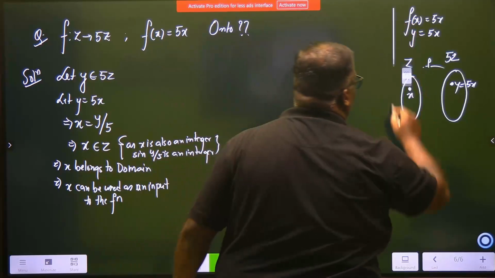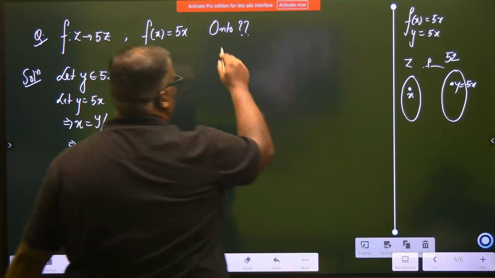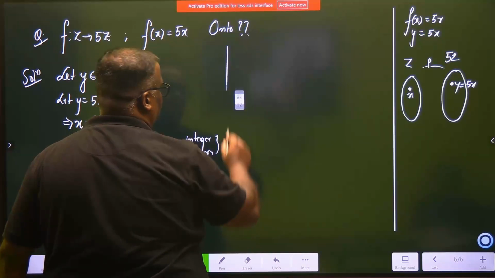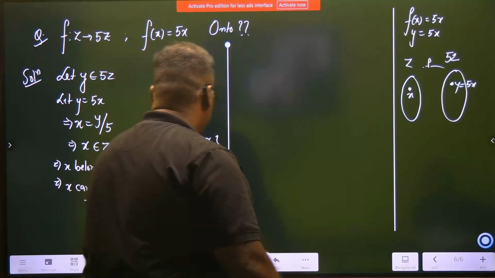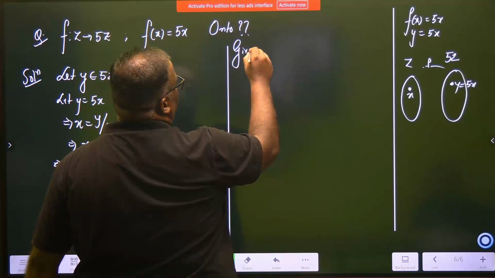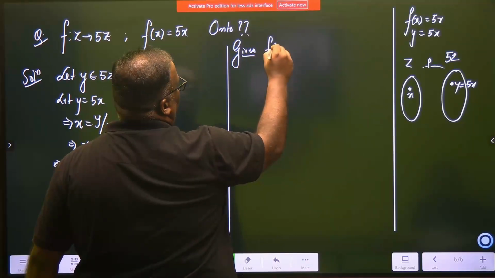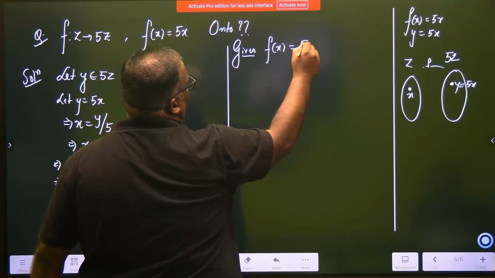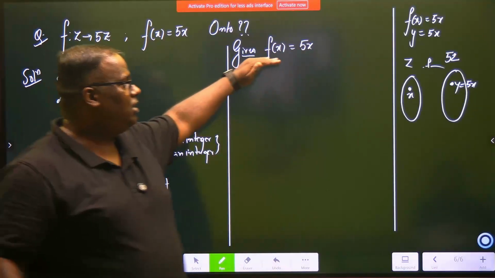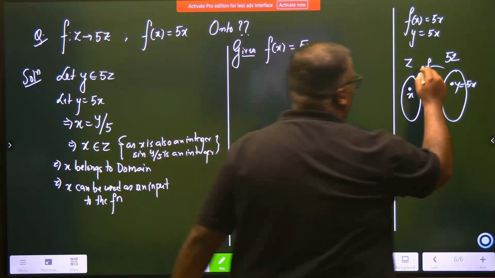Now, just see what we do after this. Okay. Now, what are you given? Your given function is f of x is equal to 5x. This is a function. This function maps from where, beta?